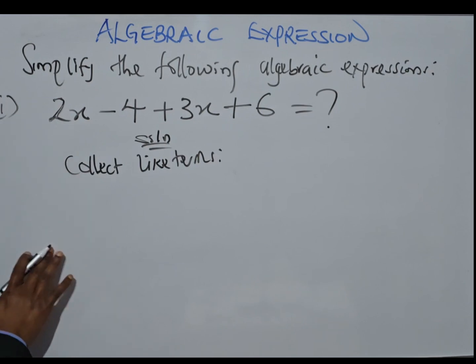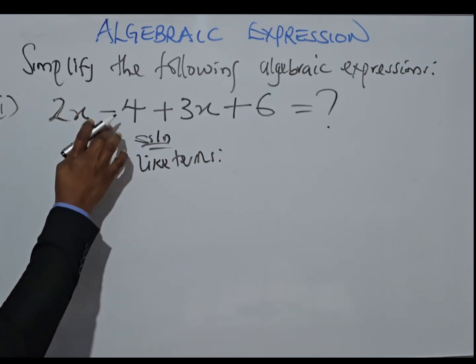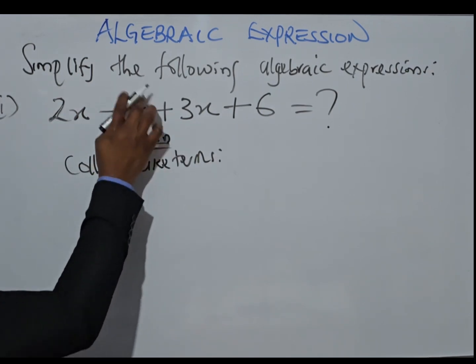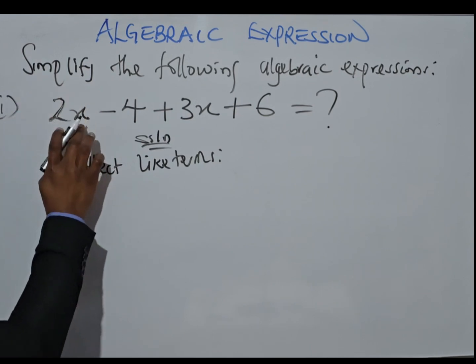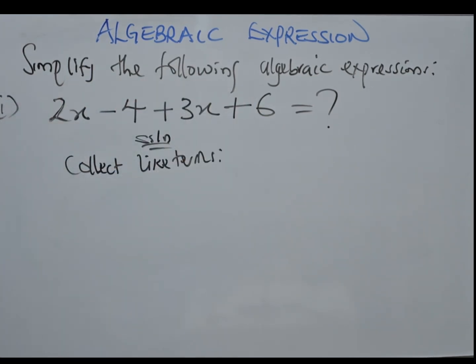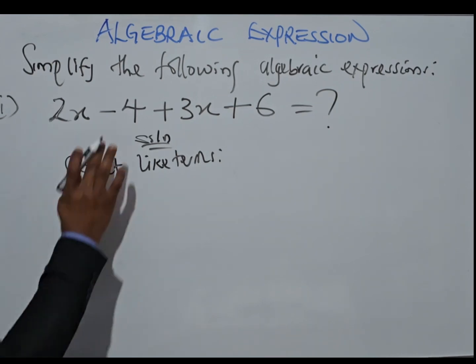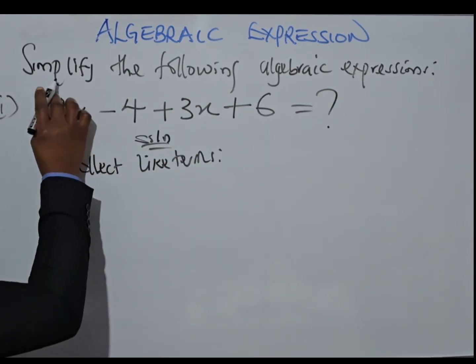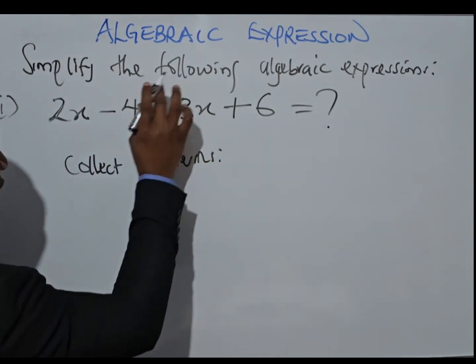So now let's collect our like terms. This is 2s. 2s cannot go with minus 4. This one is just a number, but this is 2s. So this and this go together. Minus 4 and plus 6 go together, number to number. The s expression goes with the s expression.